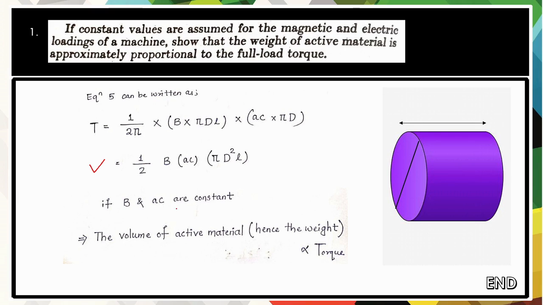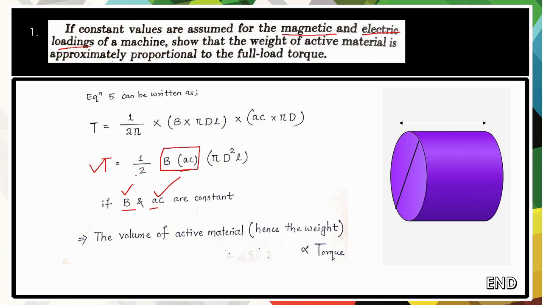If now B and AC are constant, B is the magnetic loading part, and AC is the electrical loading part. So these two terms are constant.